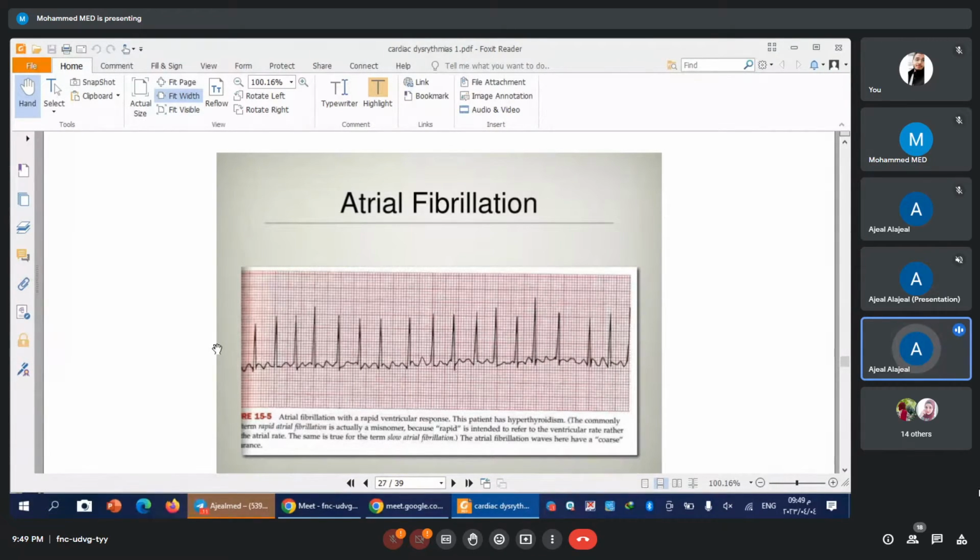Digoxin is a good drug to control the rate. Beta blockers are reasonable, with good rates. And amiodarone itself, tablet orally, can also be used to control the rate. But orally digoxin is superior to amiodarone. But intravenously, amiodarone is much superior to digoxin.